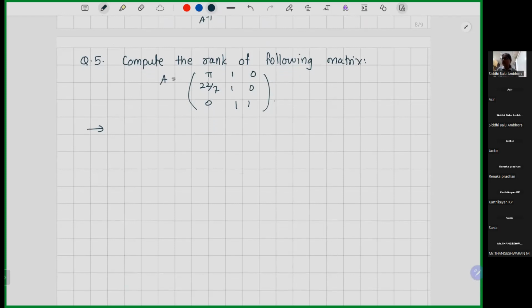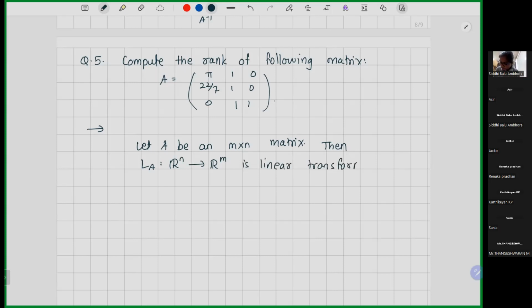So let me recall the definition: let A be an M cross N matrix, then LA is a linear transformation from Rn to Rm defined by LA of x is Ax.